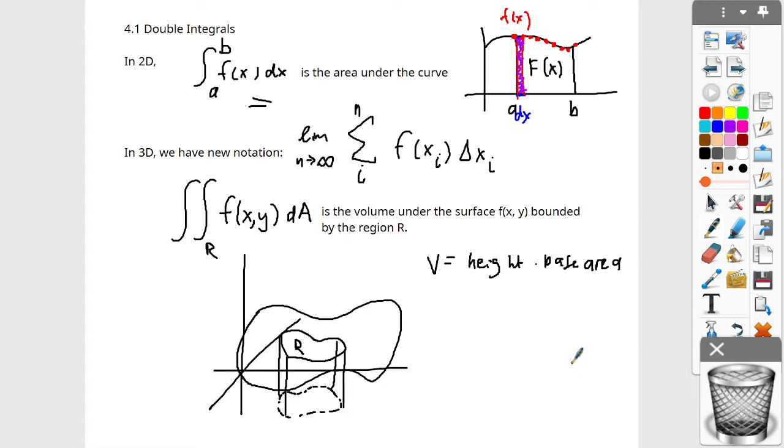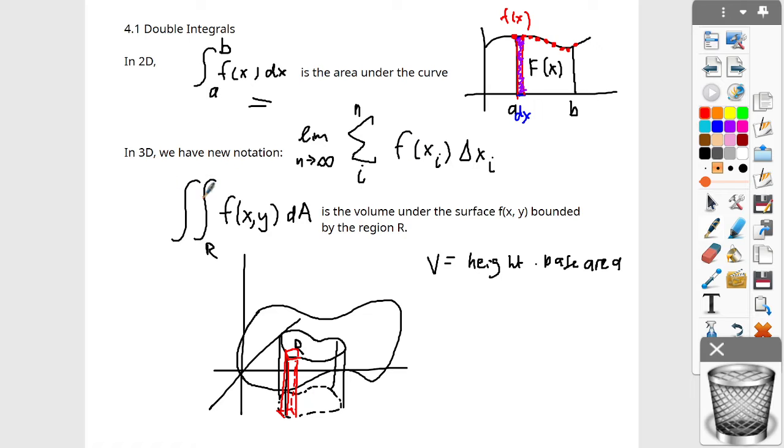We have little cuboids, small rectangular prisms, and when we add all of those rectangular prisms up, we will end up with the volume.